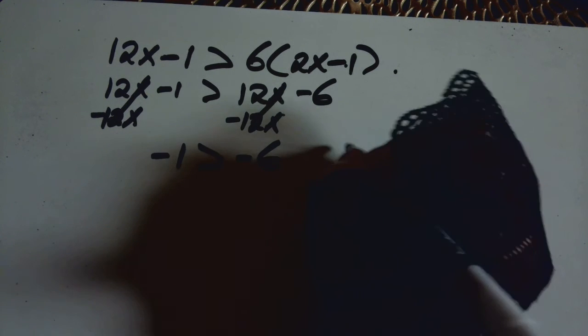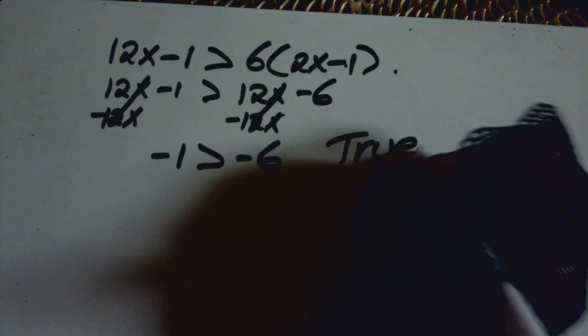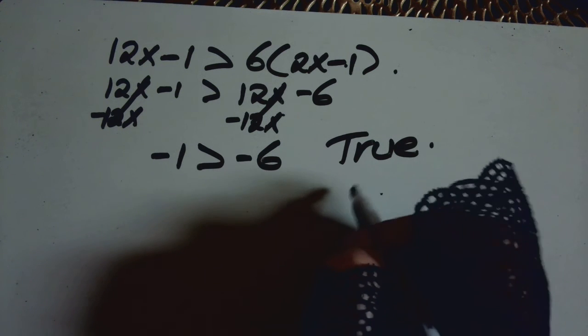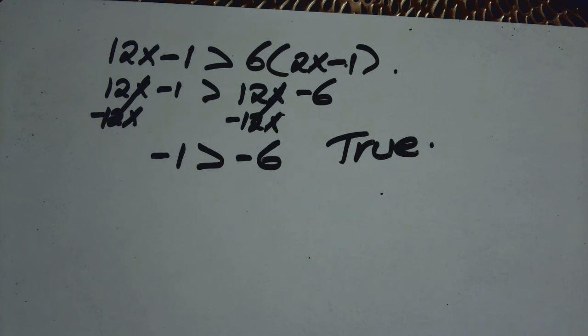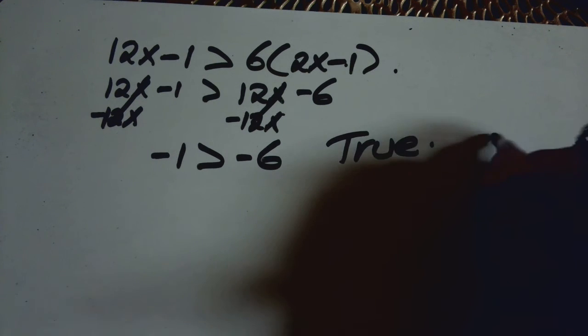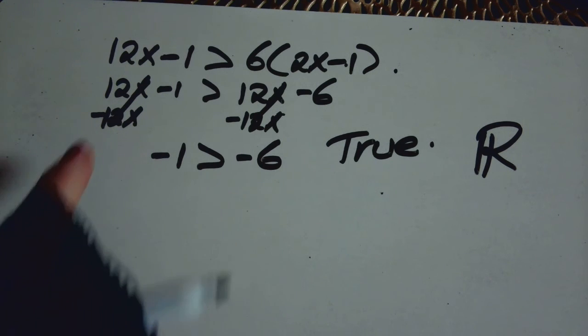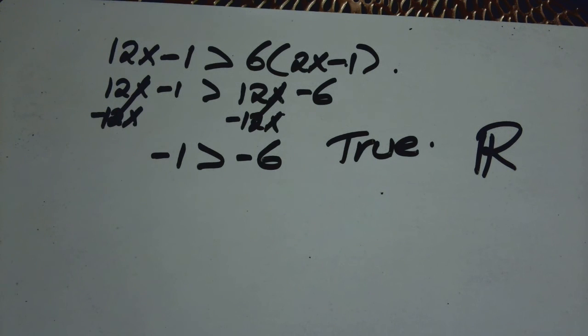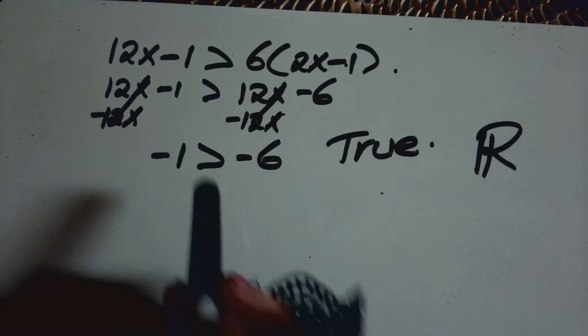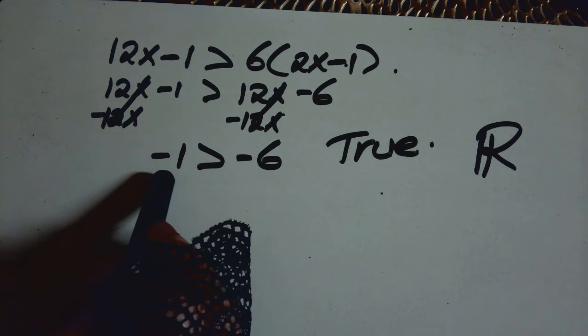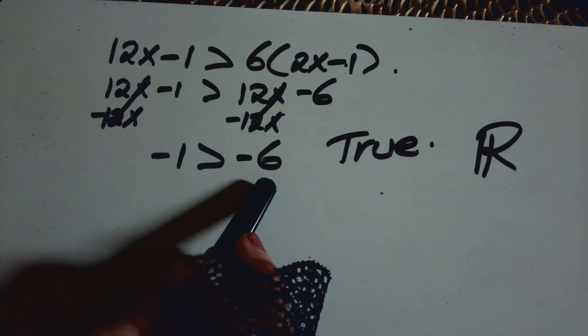So that means it's always true. So we would say that all real numbers are the solution. So what that means, it sounds so technical. You'll see like all real numbers, sometimes what they do is they do a big R like that. So what that means is no matter what number I put for x, this side, the left side, is always going to be larger than the right side.